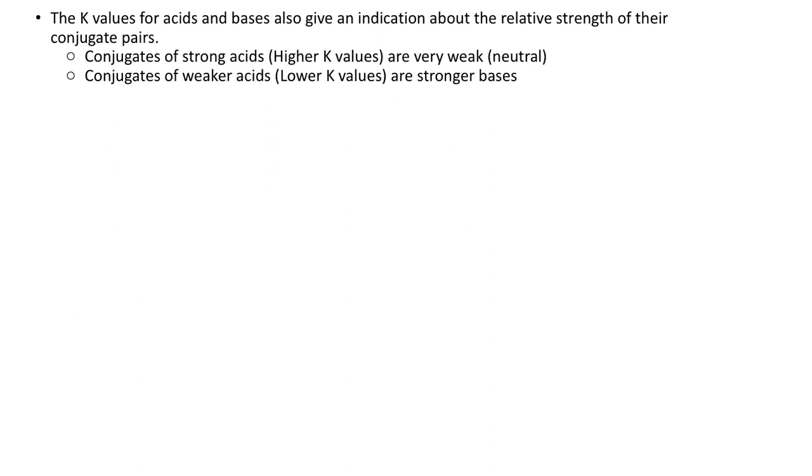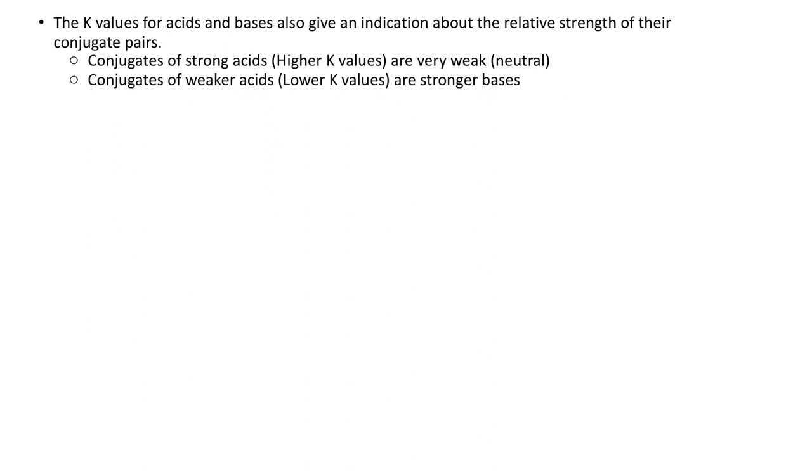The K values for acids and bases also give an indication about the relative strength of their conjugate pairs. In that last example, I had ethanoic acid with a Ka of 1.8 times 10 to the negative 5, and a hypothetical acid with a Ka of 1.9 times 10 to the negative 6.